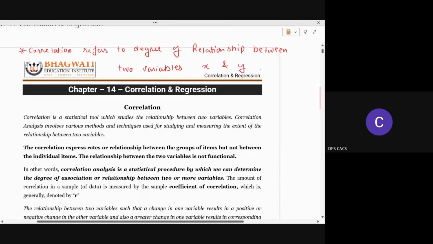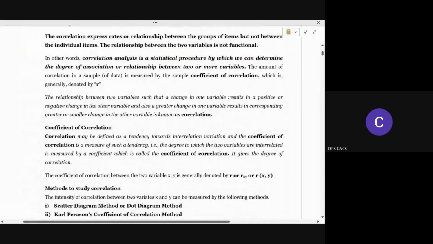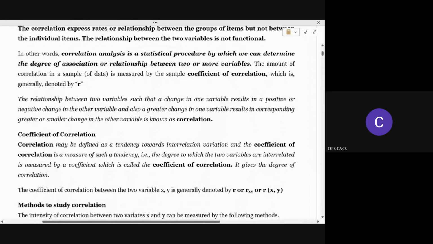In the whole chapter you will find the correlation degree. Degree means extent of correlation, that is, by how much they are related. In the whole chapter that degree will be represented by a term called correlation coefficient, or coefficient of correlation.